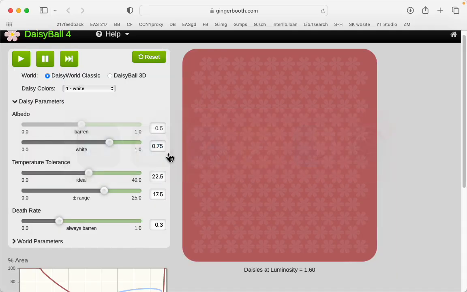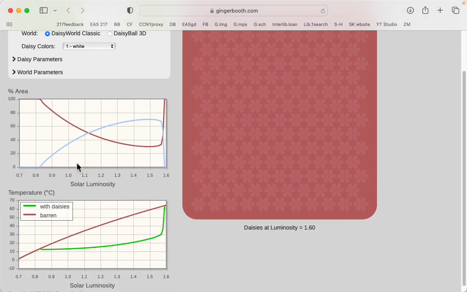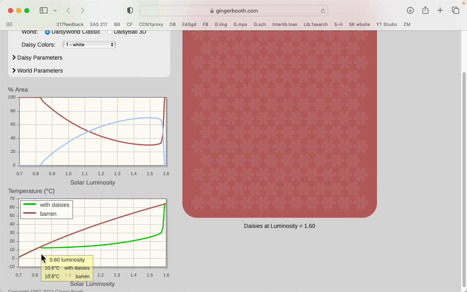So let's look at the model again. So 22.5, and then the peak temperatures that they can live at is 39, 40 degrees. But 22.5 is their favorite temperature. So the temperature with the white daisies is increasing until it crashes at about 30. And we can see up here, when it got to 22.5 was about right around here, so 1.44 luminosity.